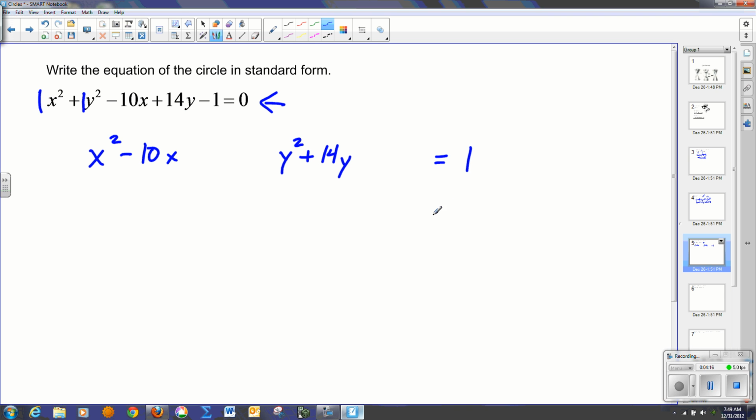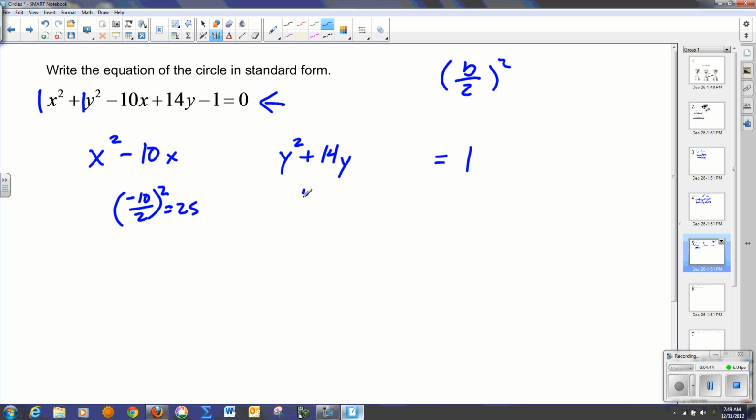Now, if you remember from Algebra 2, completing the square involves taking the b value of a quadratic, dividing it by 2, and then squaring it. The b value in terms of x is negative 10. If I take half of negative 10 and square that, I get 25.